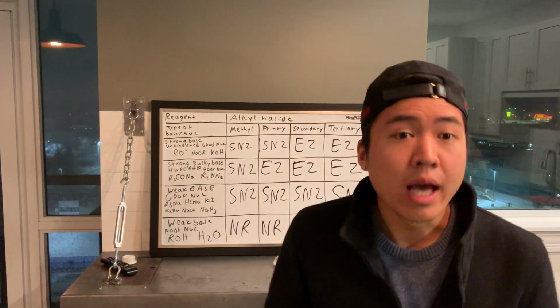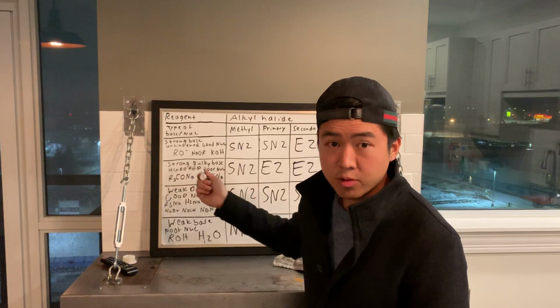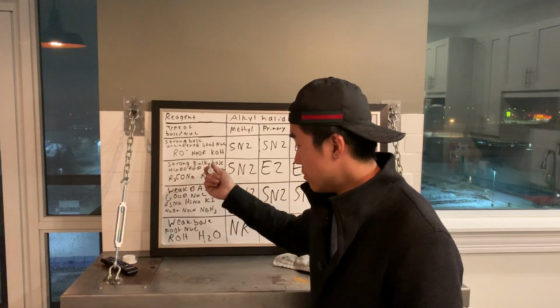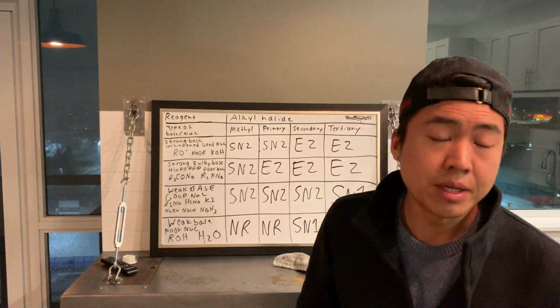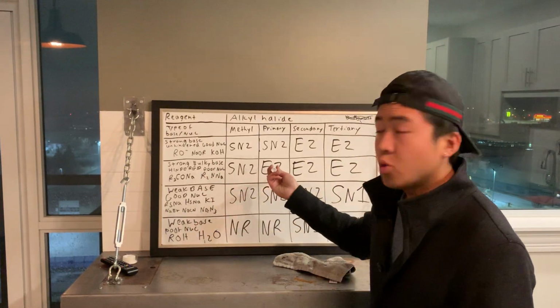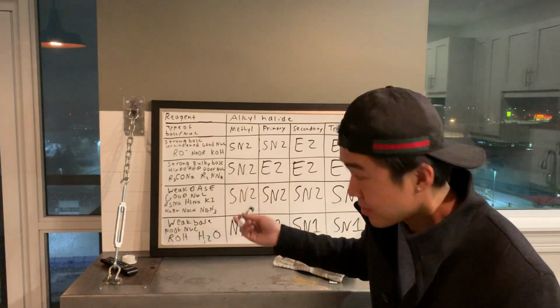That's why you have to know if it's good at being a base or good at being a nucleophile. Based on the definition of this category that we learned, it's strong at being a base and it's poor at being a nucleophile. So if it has the choice, it's going to act as a base and perform elimination.